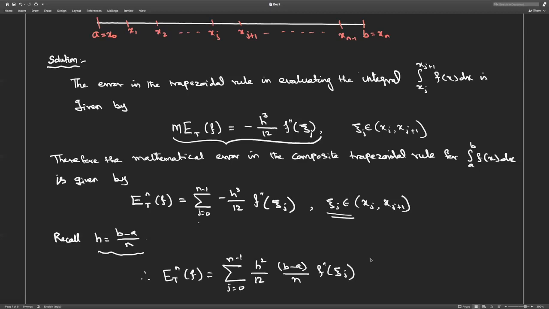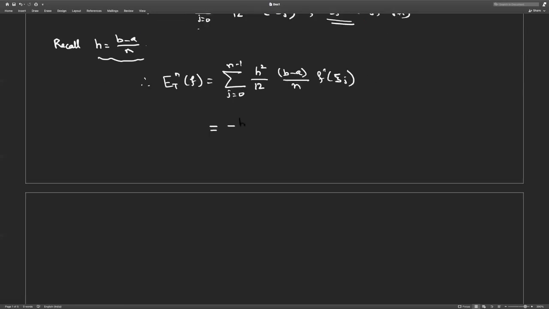Now this can be written as minus h square by 12 into (b minus a), well, there is a minus here also, into 1 by n into sigma j equal to 0 to n minus 1 of f double dash of xi_j.